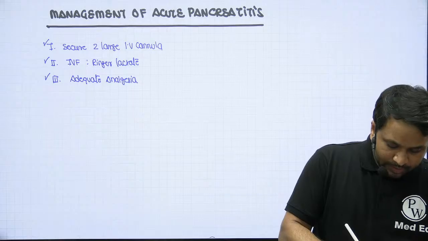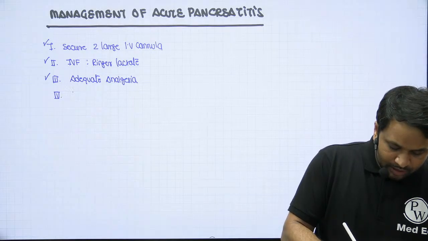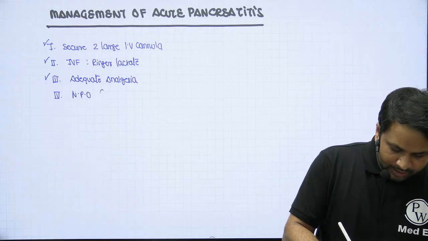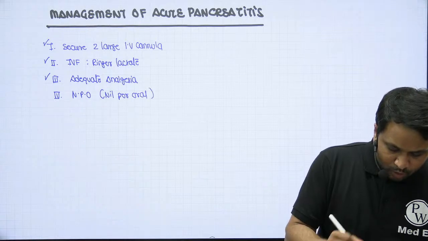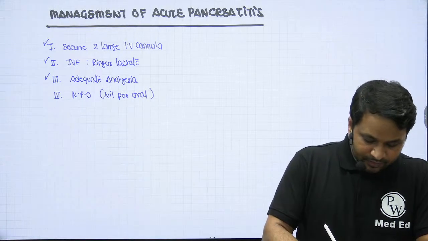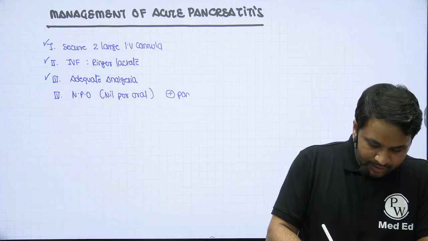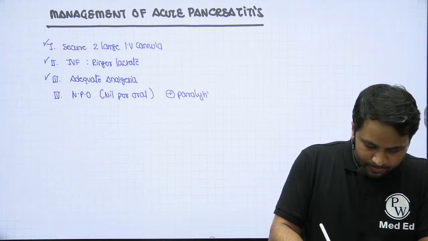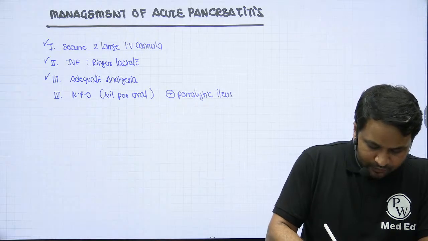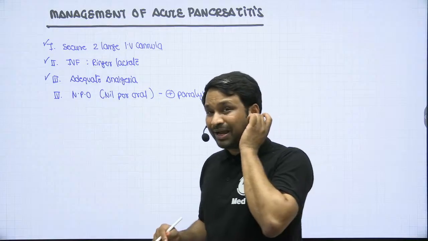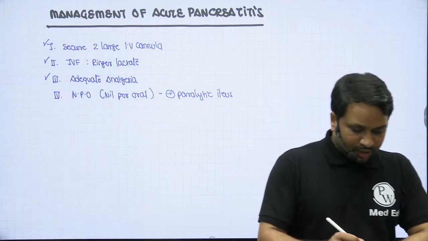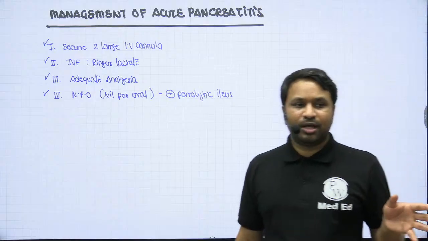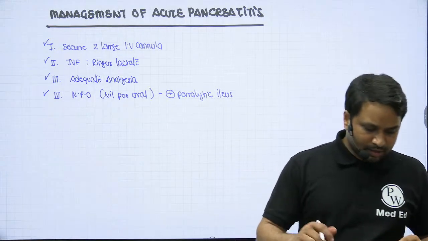Now most of them are going to have paralytic ileus, so keep the patient NPO, that is nil per oral. That means don't give any oral feeds if there is paralytic ileus. Do not feed the patient, and in fact you have to give pancreatic rest. So you keep the patient nil per oral, start IV fluids, and give adequate analgesia.